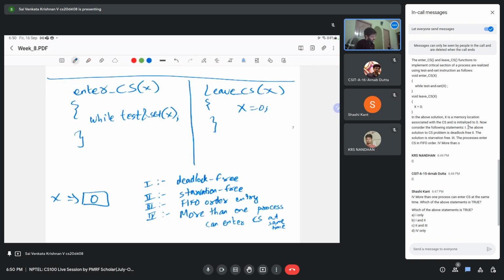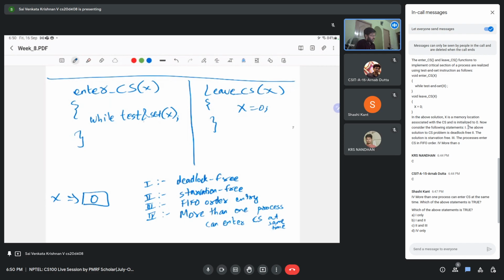So this fourth statement is wrong in my opinion, right? More than one process can enter the critical section at the same time. I don't think that's possible. Initially if x is 0, then testing and setting it.